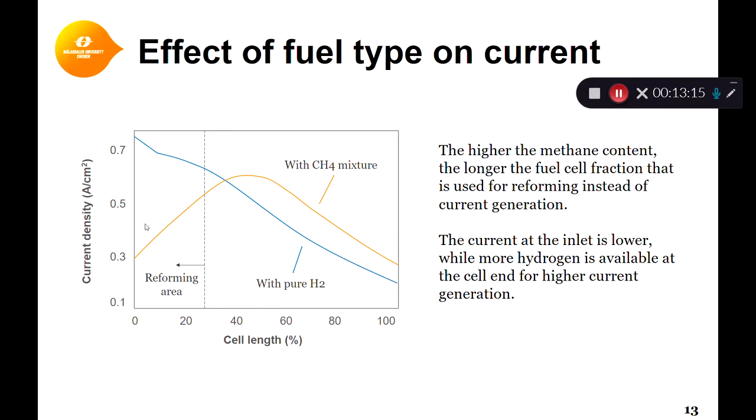But it is also useful to assess the distribution of current, temperature, losses, and other variables when varying the fuel composition.